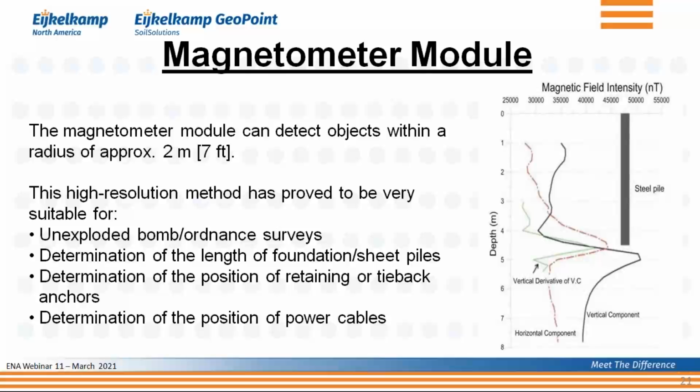What is nice about this device is that when you use a magnetometer at the surface, you will only go so deep. But if you push the cone in the ground, you might go to 20, 30 meters deep, and at that depth you can then use your magnetometer and detect any metal parts there. So that's in a nutshell what the magnetometer module does.